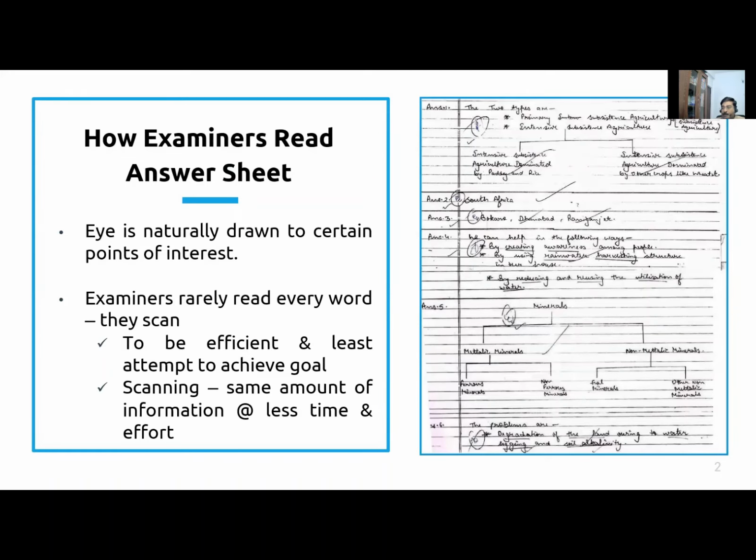Look at this paper. The human eye is drawn to the underlined words and the flowchart rather than the plain words. So by a simple view, the examiner understands what you want to convey.